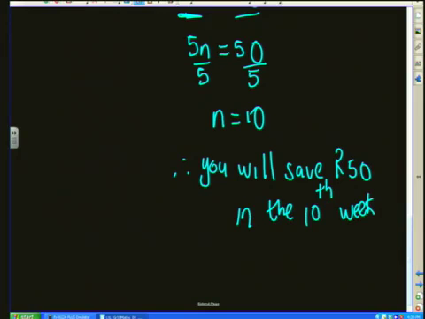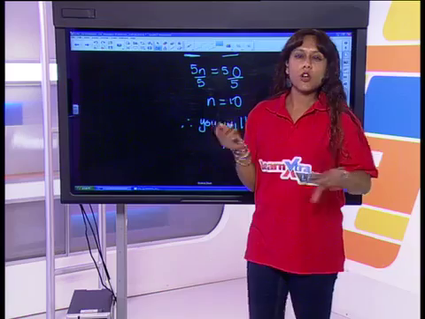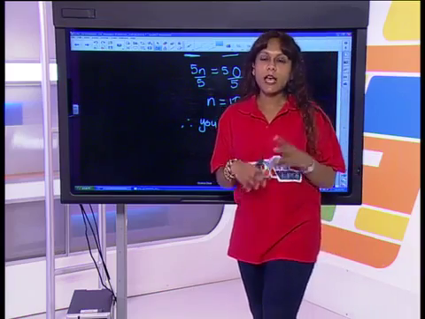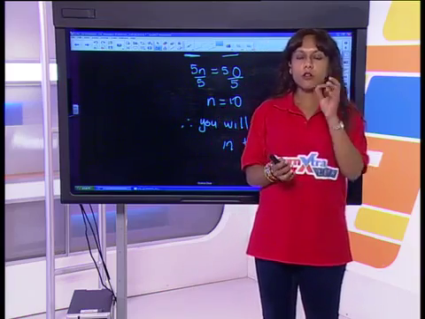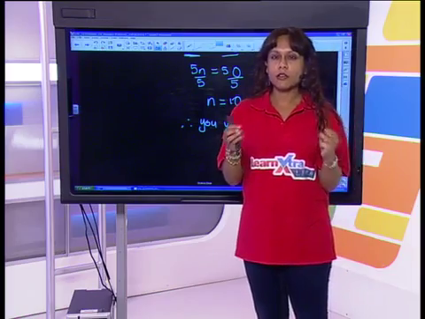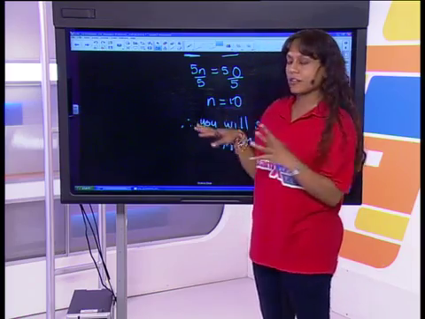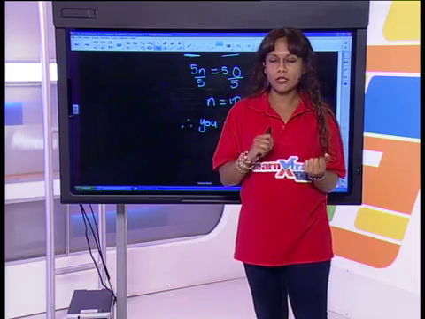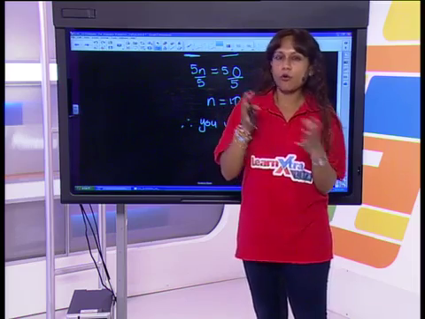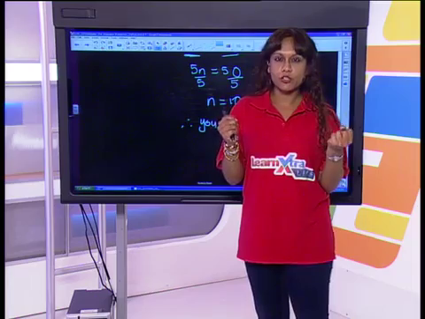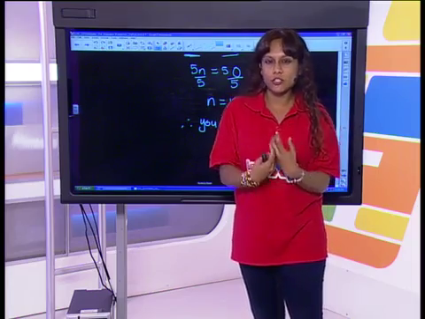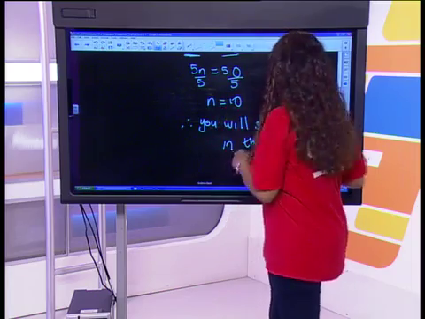Okay, so this was an example where we had to first work out the general term, and then from that general term work out the position where we get an answer of 50. So you can obviously see how important it is to understand how to work out a general term from arithmetic sequences.